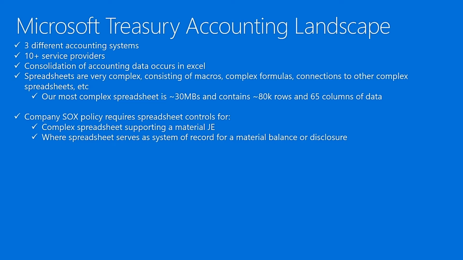In the treasury accounting world, we have 10 plus different service providers, multiple accounting systems. So we're taking data from all sorts of different sources, different formats, and we're trying to get it into SAP so that we can close the books. We use macros to help standardize formatting.